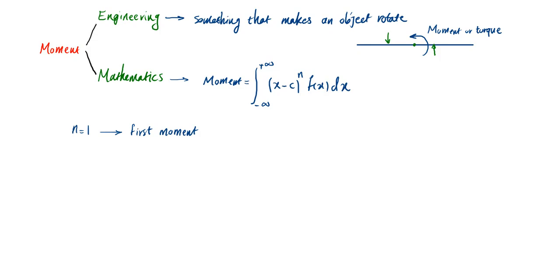If you remember when we were trying to find the centroid of a shape, let's say we have a shape like this. I'm just going to put it right here. These are axes. This is f(x), this is x, and then we have some random function, and we are trying to find the centroid.